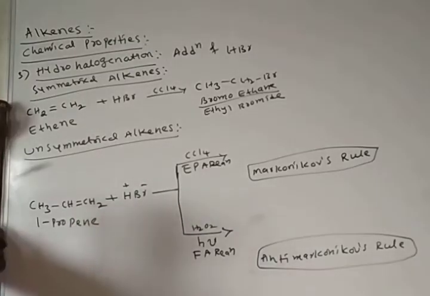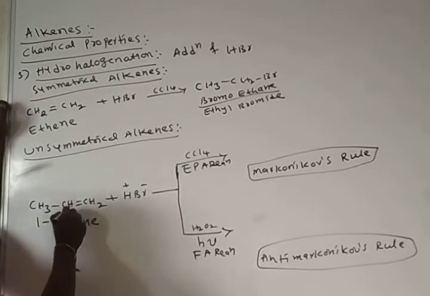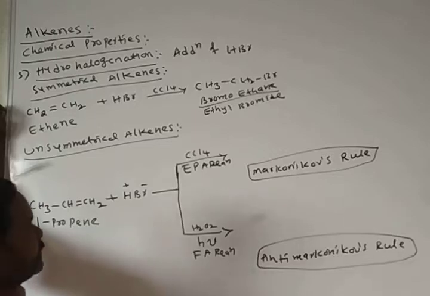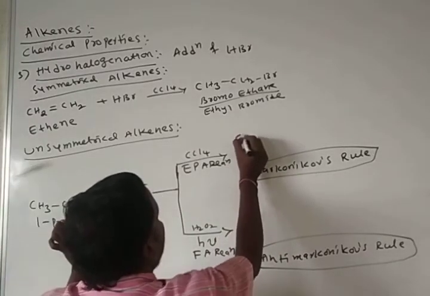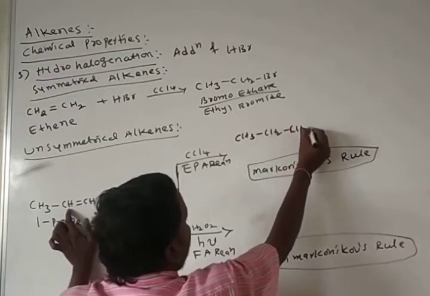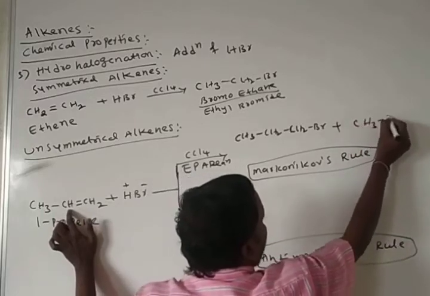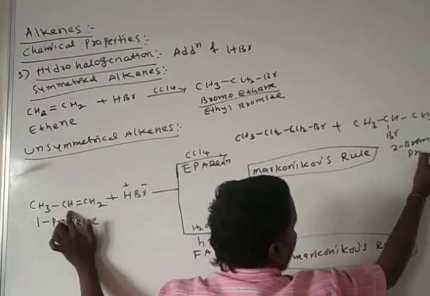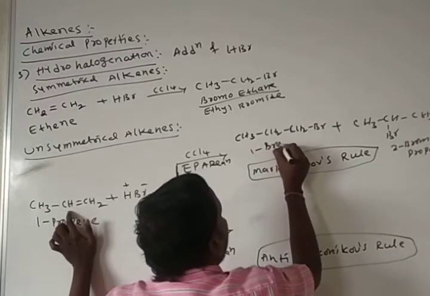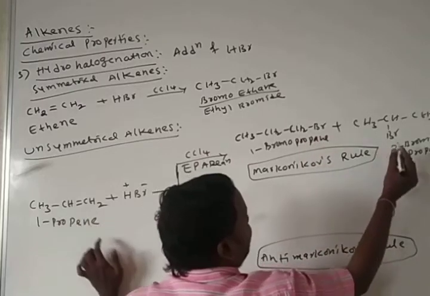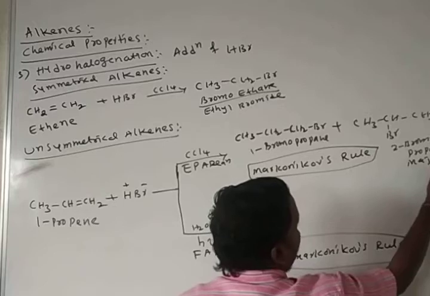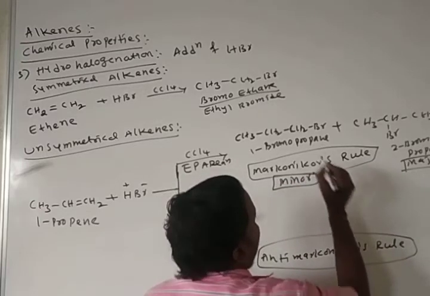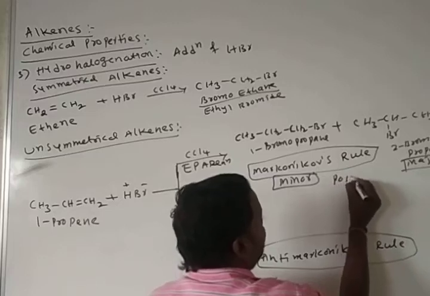That means the negative part attaches to the second carbon, giving the major product, CH3-CHBr-CH3, 2-bromopropane, plus the minor product CH3-CH2-CH2Br, 1-bromopropane. Both are formed.